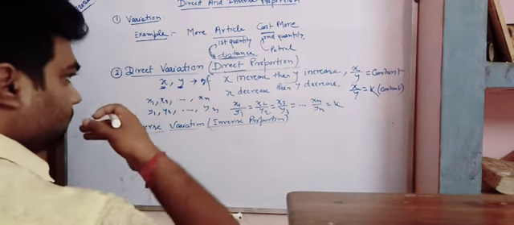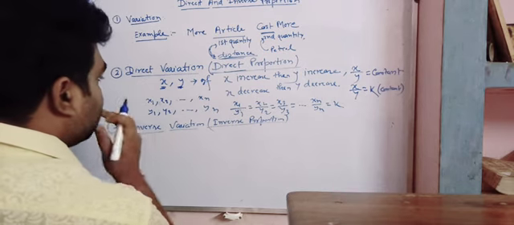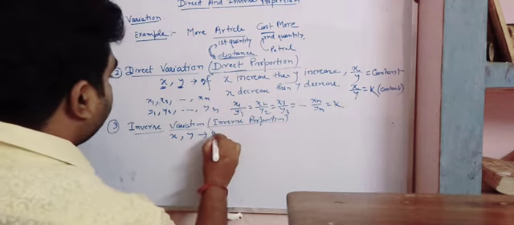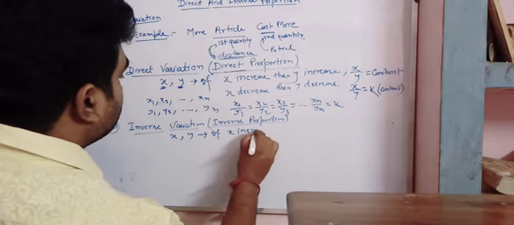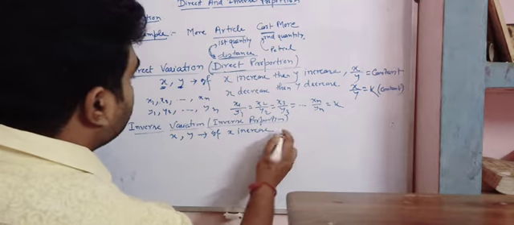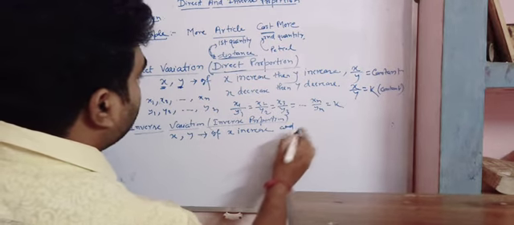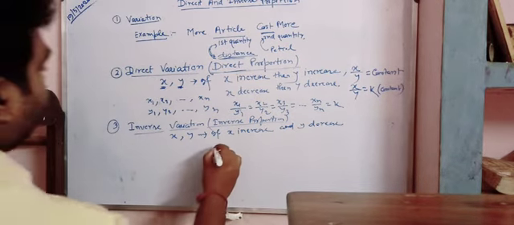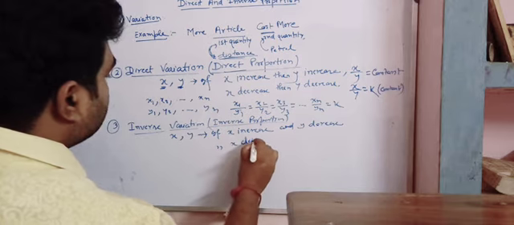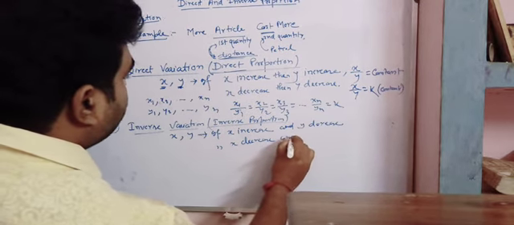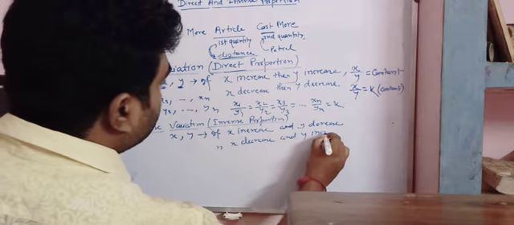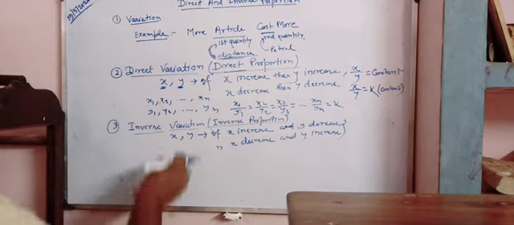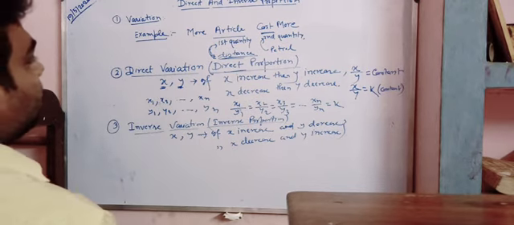From my side, I tell you that if we take x and y, then if x increases, for that y decreases, and if x decreases, for that y increases. This is my definition of inverse variation. Then we can say that x and y are in inverse variation or inverse proportion.